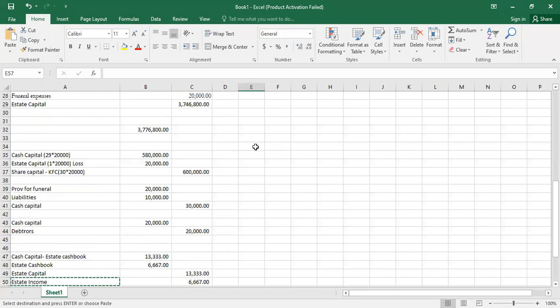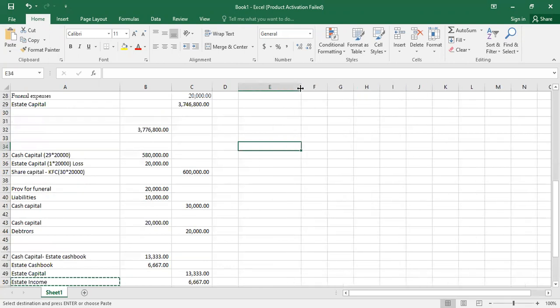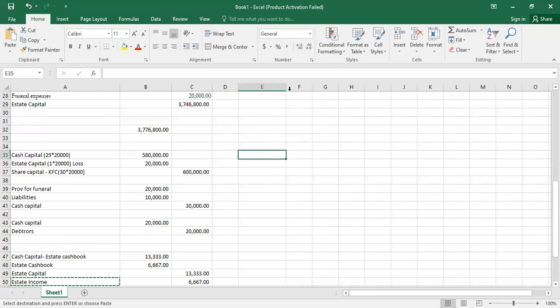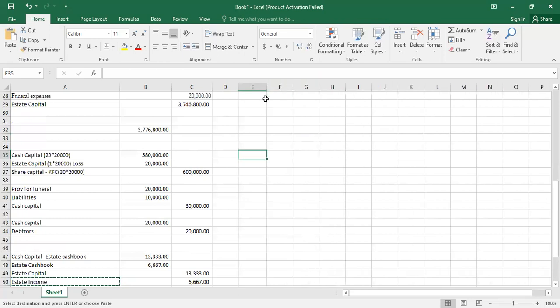So the first book was, which book have we been asked to prepare? The first book, the estate cash book. Just do it here. So I'll need the date, particulars or details.